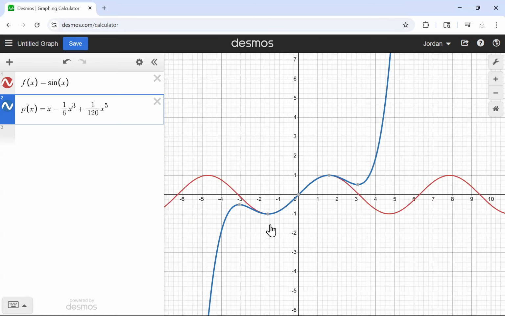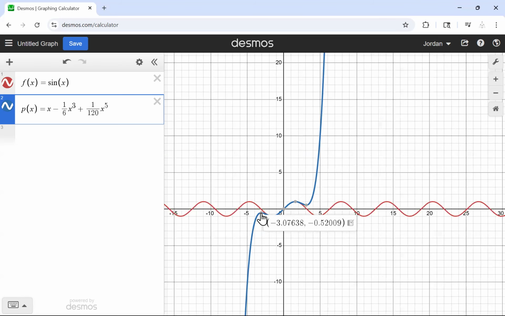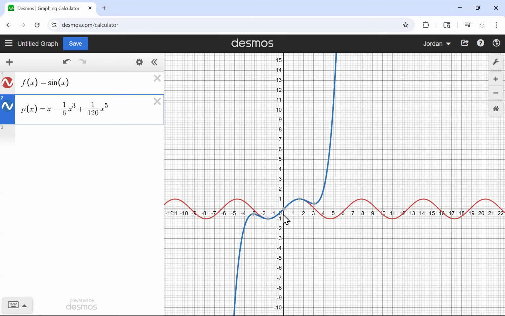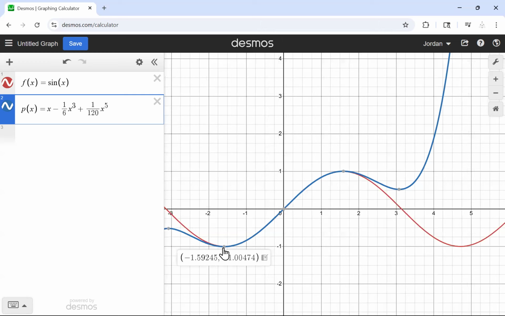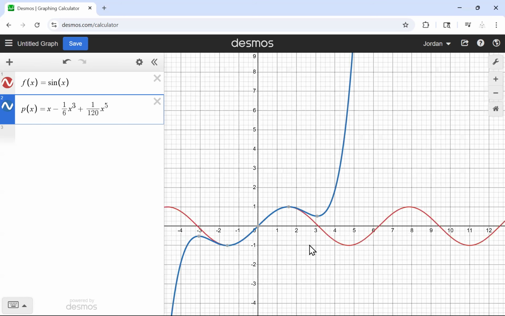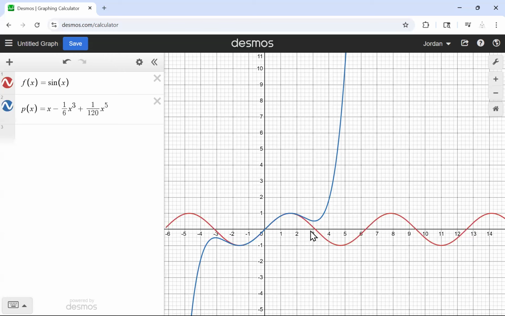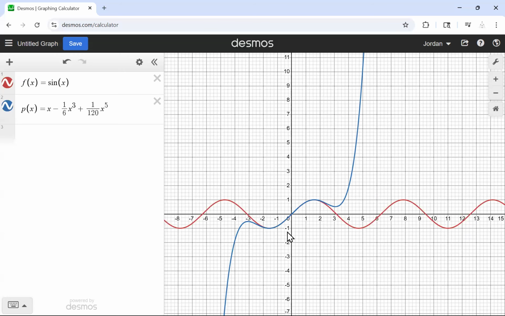The polynomial, after you get to about -3 or so, really flies away from sine. And when you get to like +3, it starts really shooting up away from the sine curve. But in this little section, from essentially -π/2 to +π/2, it's doing a really good job at approximating the sine curve. And so that's what it looks like.